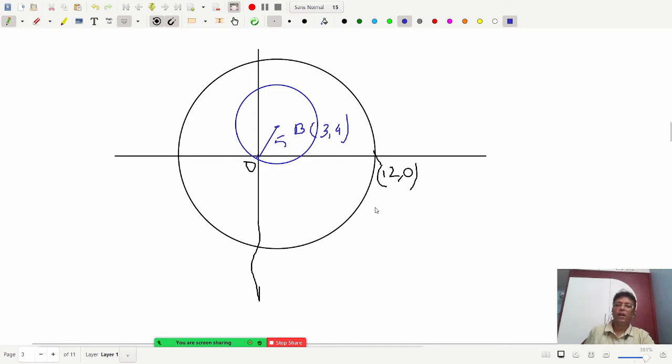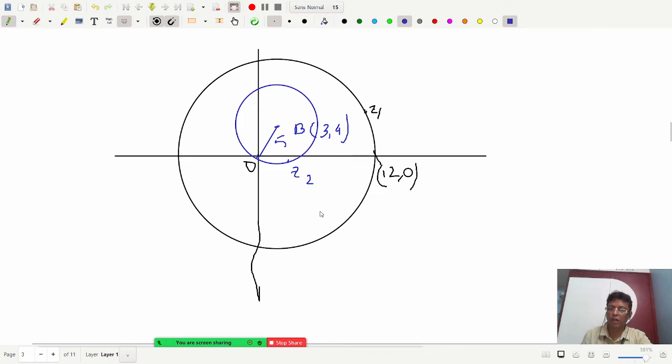Now Z1 represents any point on the circumference of the circle drawn in black color, and Z2 represents any point on the circumference of the circle represented by blue color.